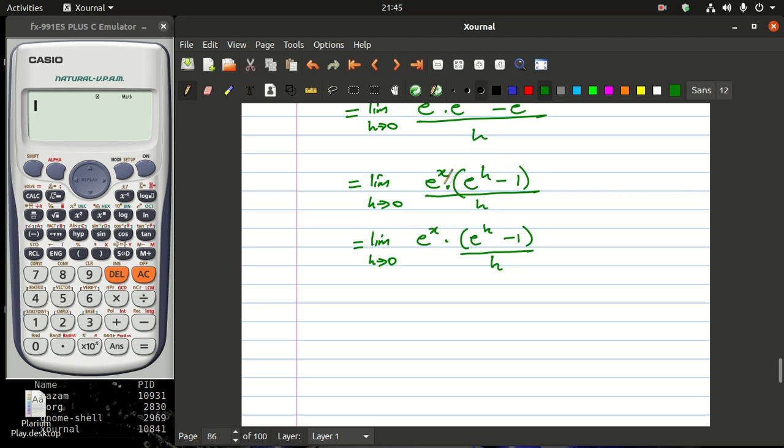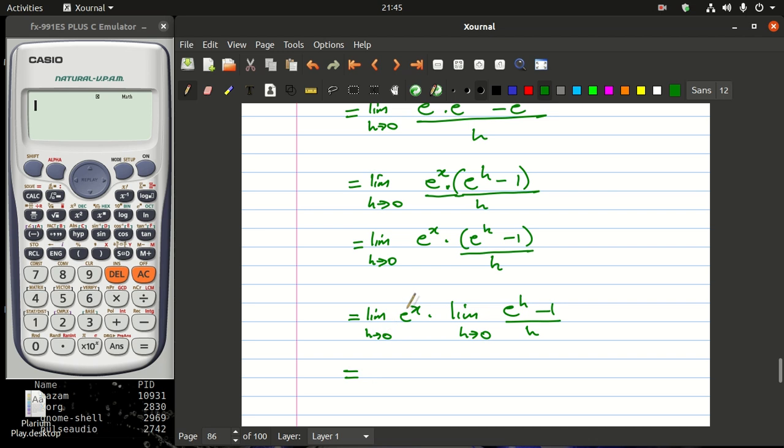So if that thing of cancelling is not working, I'm going to try rules for limits. Rules of limits are saying that if you have a product of two functions, you can just take the limit of the first function and then take the limit of the second function separately, and then if you get these limits, or they exist, you can multiply them, and you will get your answer.